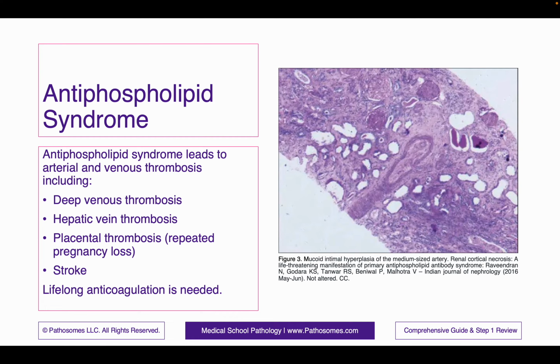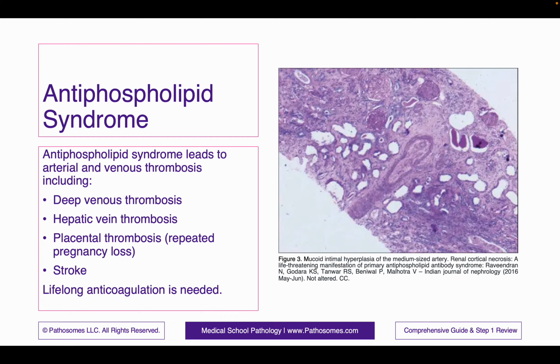Antiphospholipid syndrome leads to arterial and venous thrombosis, including deep venous thrombosis, DVTs, hepatic vein thrombosis, placental thrombosis, which can lead to repeated pregnancy loss, unfortunately, as well as stroke.